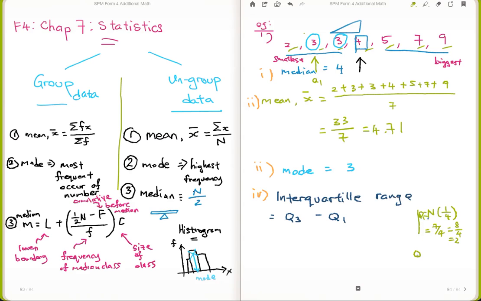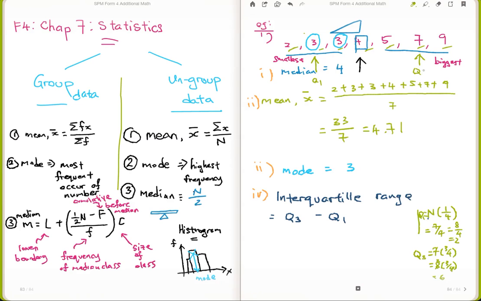Whereas your third quartile is 7 times 3 over 4. 7 is an odd number, plus 1 becomes 8. 8 times 3 over 4 is the sixth number. 1, 2, 3, 4, 5, 6 here.